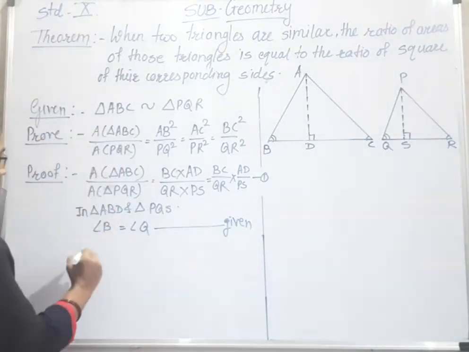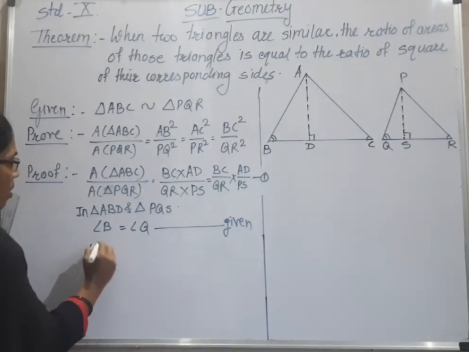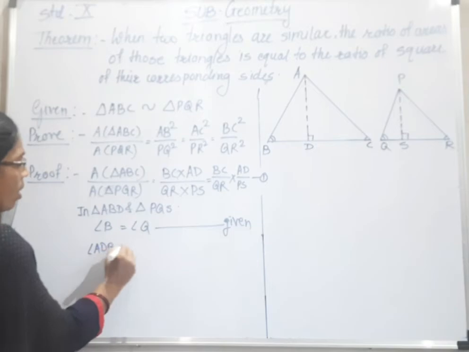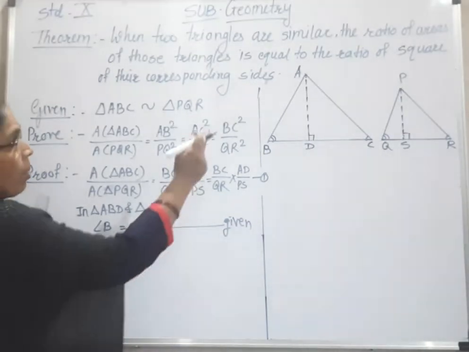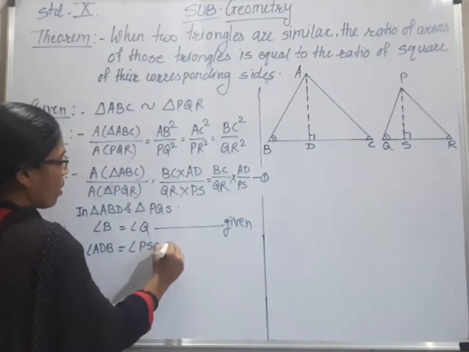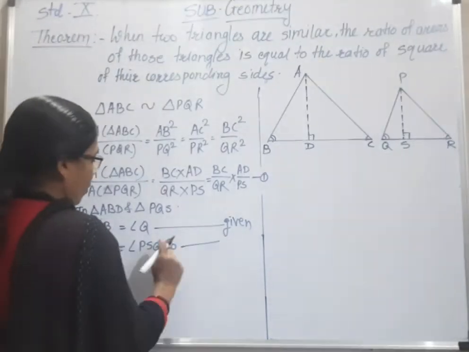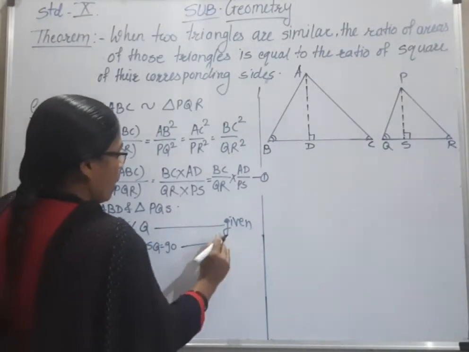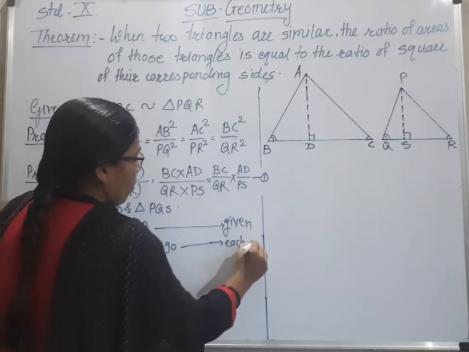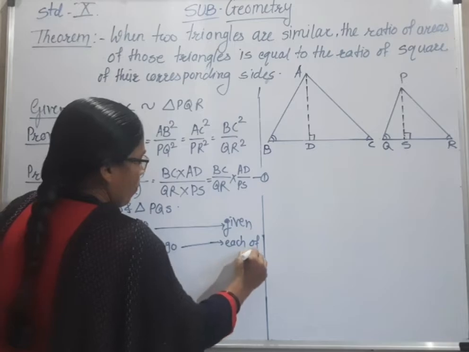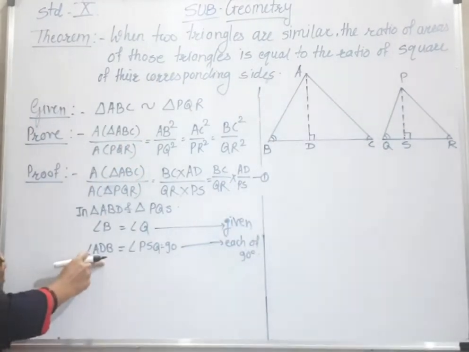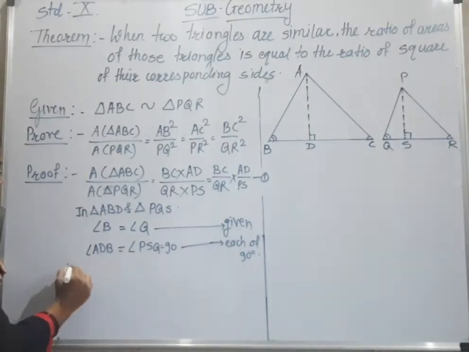And angle ADB is equal to angle PSQ, each of 90 degrees. That's why these both are equal. And if two angles are equal, then these two triangles are similar.